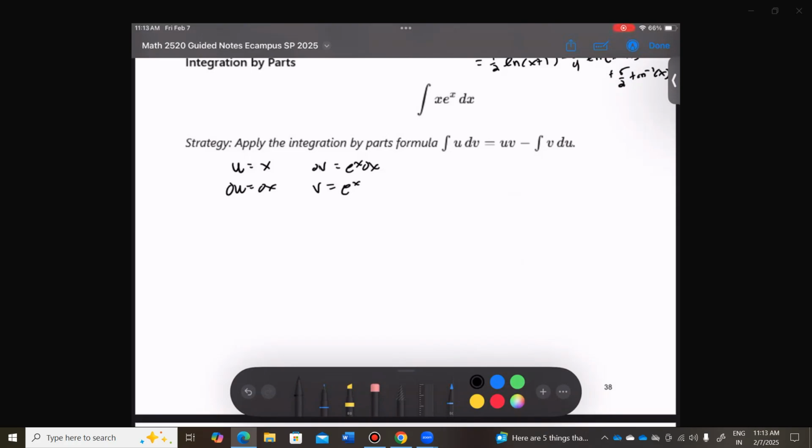And so we write uv, so x e to the x minus the integral of v du, which is e to the x dx. And it gets an integral we can solve. This ends up being just e to the x plus c.